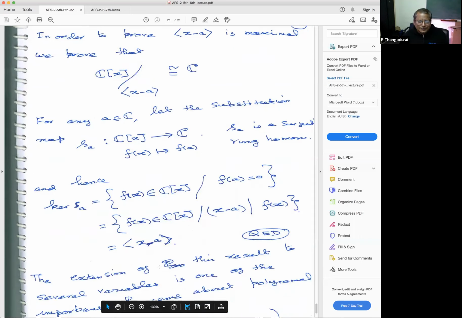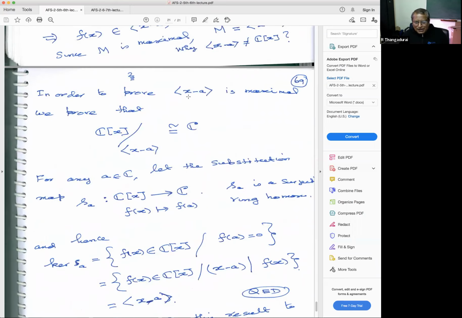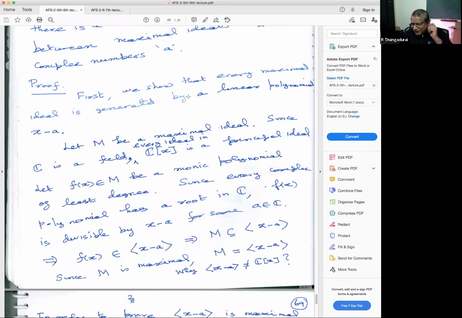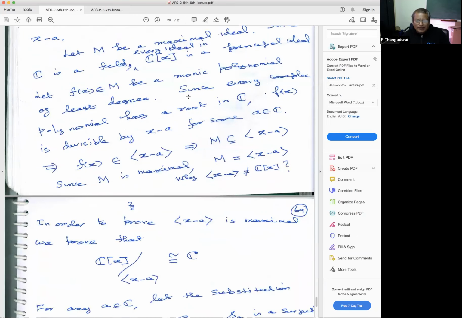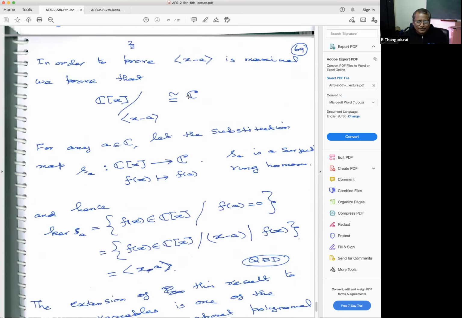Therefore, what we have seen is that a maximal ideal m of c of x is generated by a linear polynomial x minus a, and given a linear polynomial x minus a, the ideal generated by it is maximal. Therefore every maximal ideal in C of x corresponds to a point.